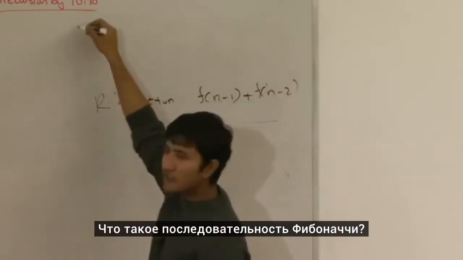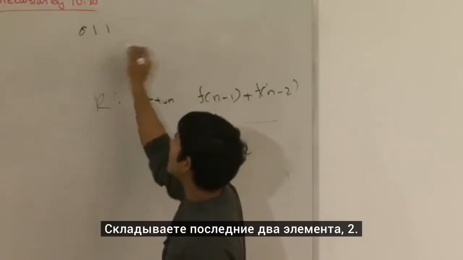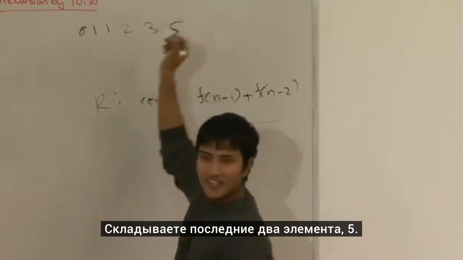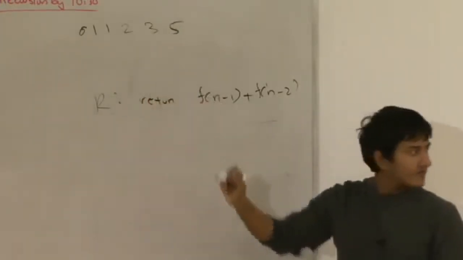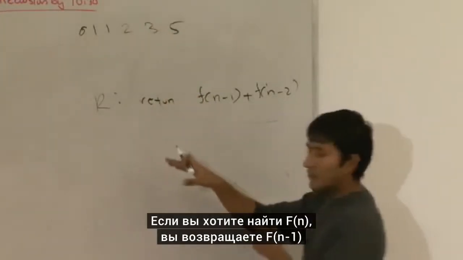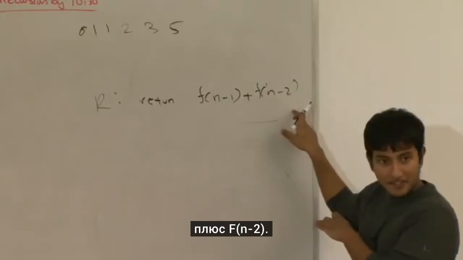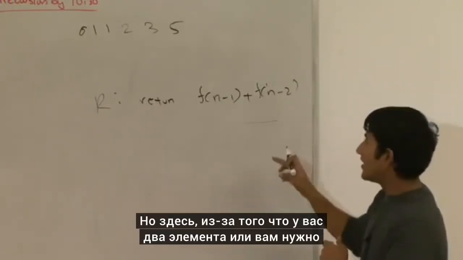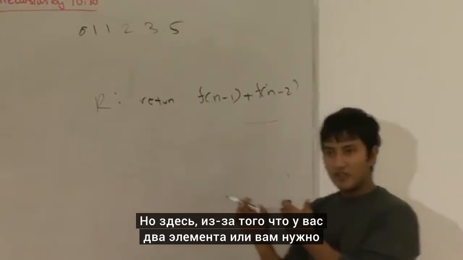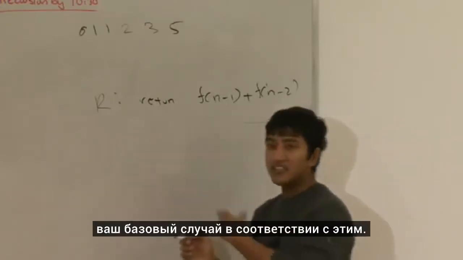You start from 0, you add these elements, so 1, you add the last two elements, 2, you add the last two elements, 3, you add the last two elements, right? So if you want to find f of n, you return f of n minus 1 plus f of n minus 2. But here, since you need to access two previous elements, you need to define your base case accordingly.